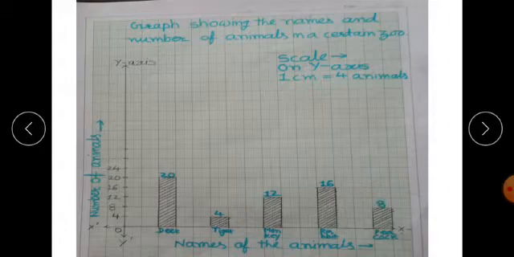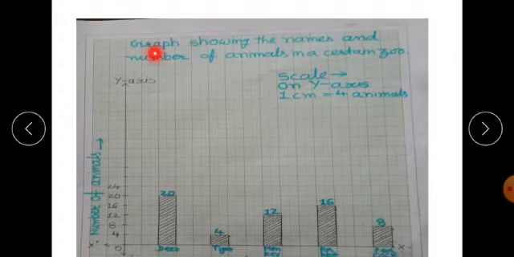Name of x-axis is XOX dash and y-axis is YOY dash. I have taken the names of the animals on the x-axis. I have written their names below the x-axis and their number on the y-axis. Now students, on the top you have to write down the name of the graph, that is graph showing the names and number of animals in a certain zoo.